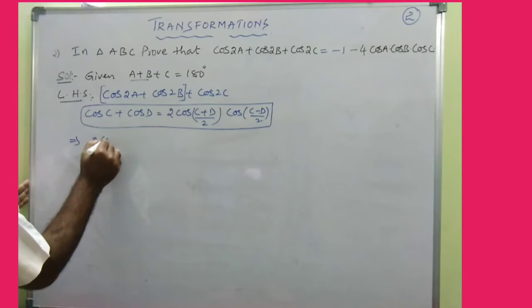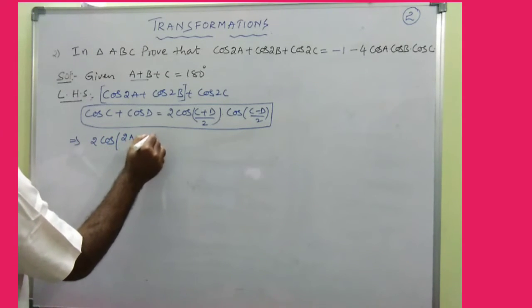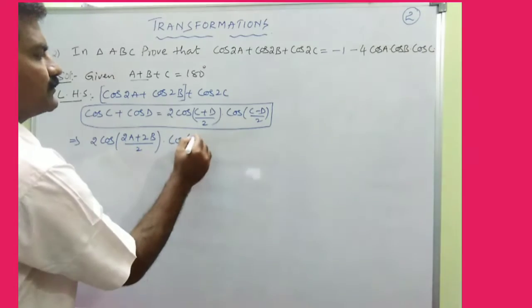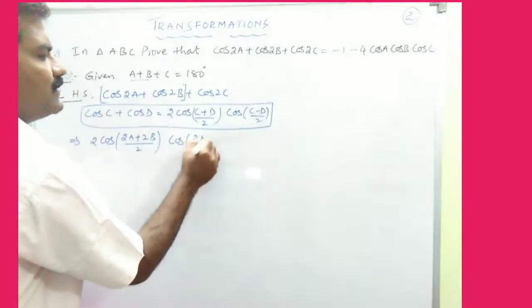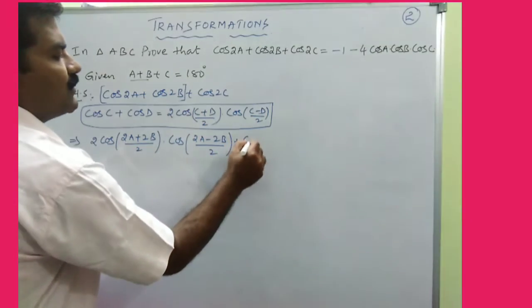According to that, 2 into cos of (2A plus 2B) by 2 into cos of (2A minus 2B) by 2 plus cos 2C.